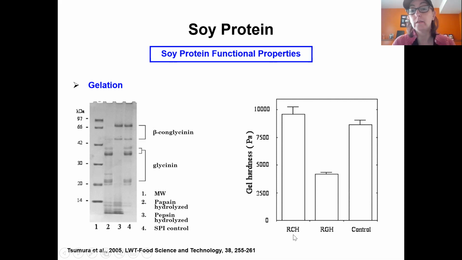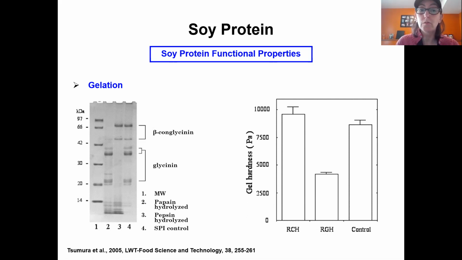The reduced conglycinin hydrolysate had slightly higher gel strength or hardness than the control. And for the reduced glycinin hydrolysate, that means the hydrolysis where we broke down the glycinin components into small molecular weight, we see a dramatic decrease in the gelation strength or gel hardness. So this indicates that when you break down glycinin into smaller peptides, you lose the ability to form a strong gel.